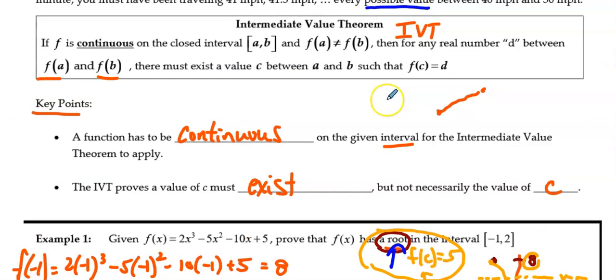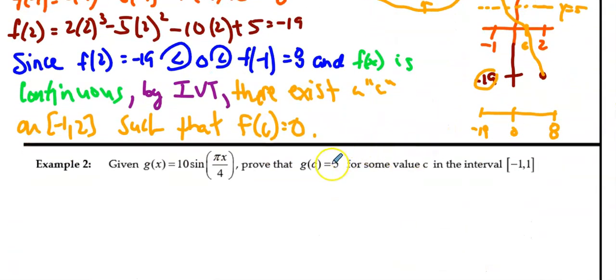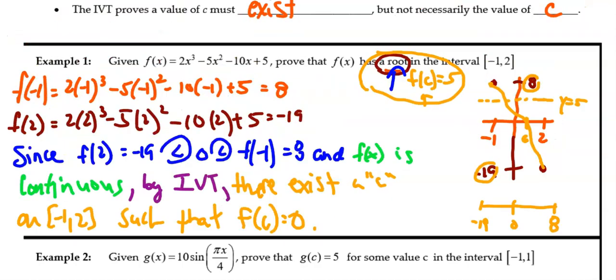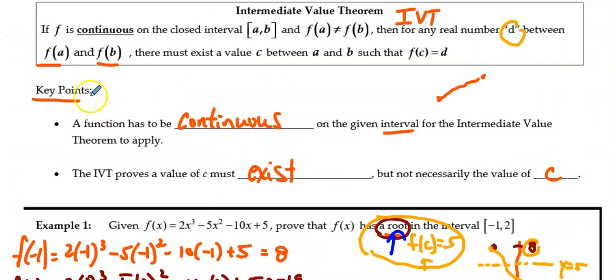So if we go back up here and look at our definition, we have a continuous function. We know that f of a cannot be equal to f of b, for any real number d, and so this d is the y value that we're given in the problem. So this d happens to be the 0 that we talked about here, and the d happens to be the 5 that we're given in example number 2. All right, between f of a and f of b, then there must exist some c. We don't know what that c is.